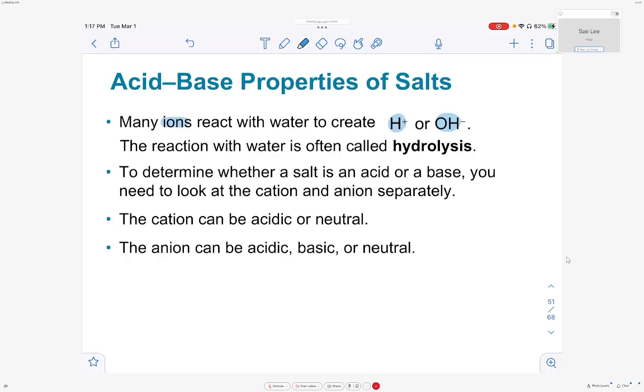Any ion that reacts with water to create protons is considered acidic, and any ion that reacts with water to create hydroxide is considered basic.